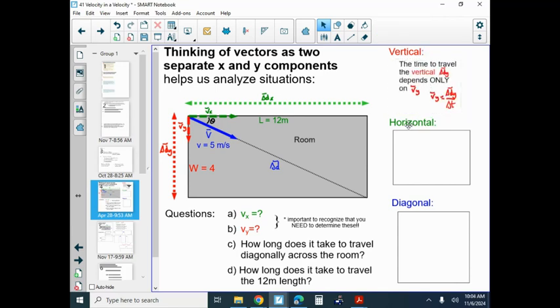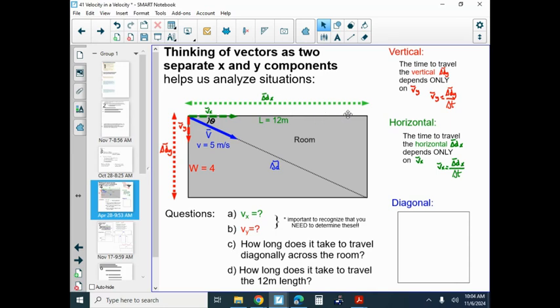So in the vertical direction, we have a vertical displacement, and what you're going to see is that we can think of it as being traveled by this vertical velocity. It depends only on that vertical velocity. So you have this velocity equation where the vertical velocity equals the vertical displacement divided by the time. And the same thing for the horizontal.